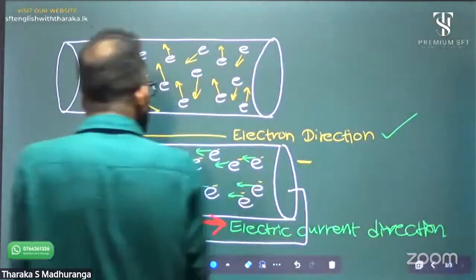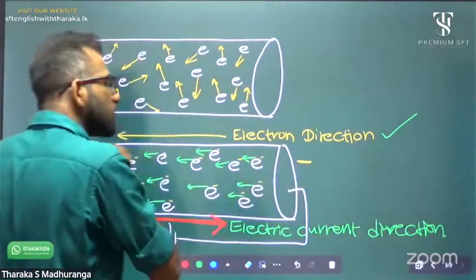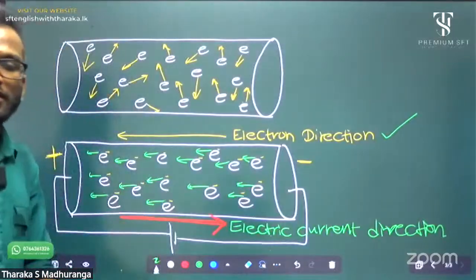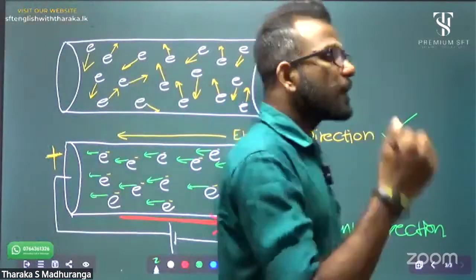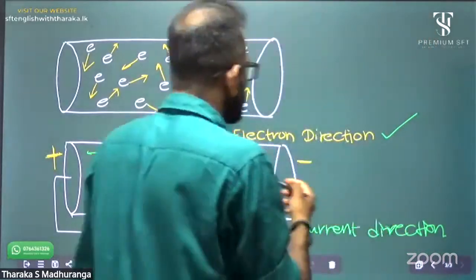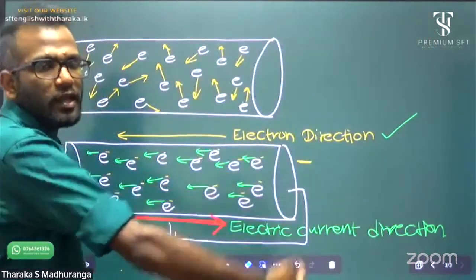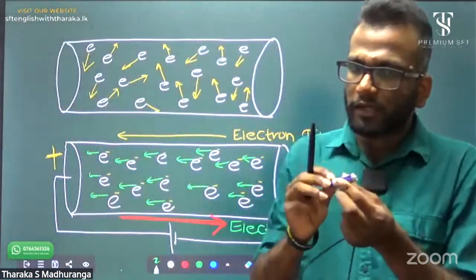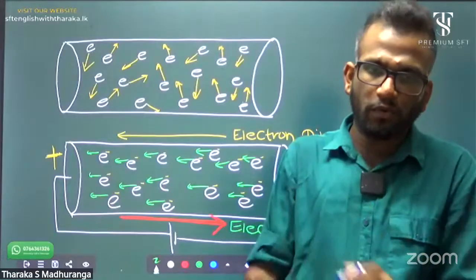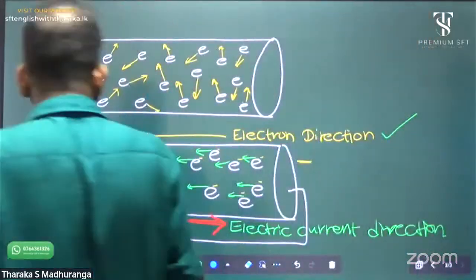The electric current is formed in the opposite direction of the electron direction. Therefore, electric current always forms from positive to negative direction.